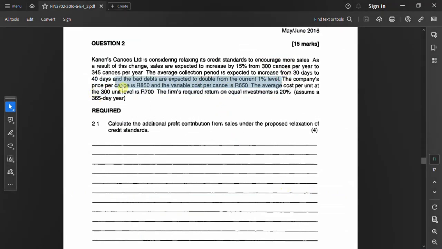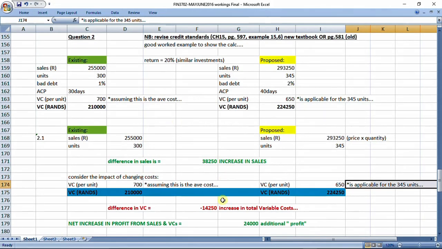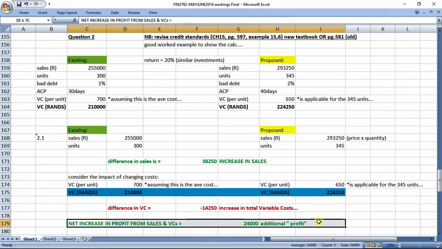Yes. Okay, so that was my assumption here. That's why I'm looking at those two. I've just said, I know this 700 links to that. I know they're proposing a new plan by relaxing the credit policy to increase the sales volume. So I've assumed that if they increase the sales volume, then that variable cost per unit relates to the proposal.